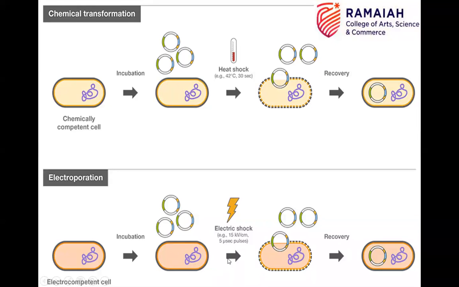When you apply an electric shock of about 15 kV, the membrane becomes permeable for the uptake of the external DNA. When you withdraw the applied electric voltage, the permeability of the cell membrane is automatically repaired by the natural cellular repair mechanism. So these are the two major methods used for transformation in bacteria.